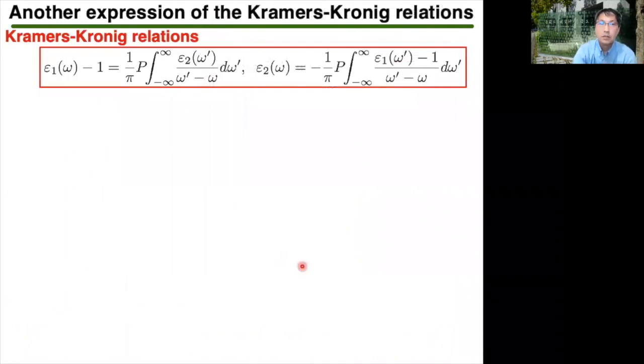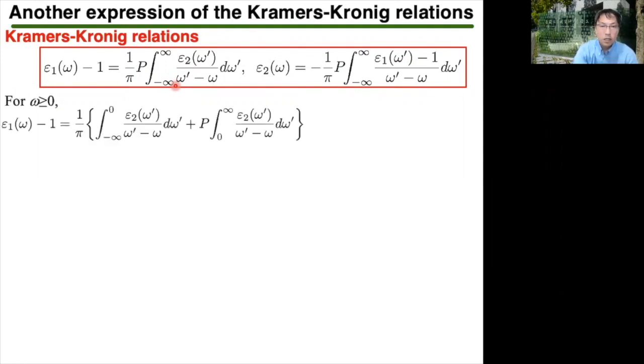Now we get the Kramers-Kronig relations in these forms. However, it is not practical because the integral should be performed from minus infinity to plus infinity, while the observable angular frequency is positive. Therefore, further considerations are needed to derive the practical forms. Before going to the integral only for positive omega, the integral is divided like this.